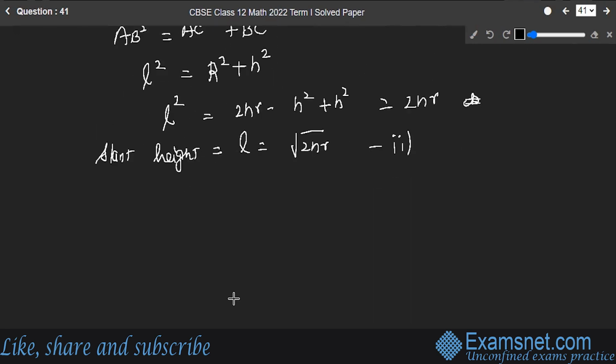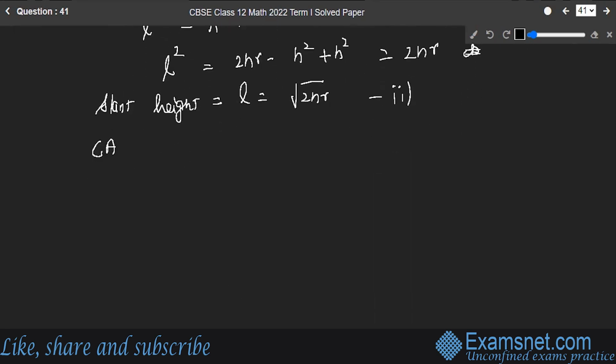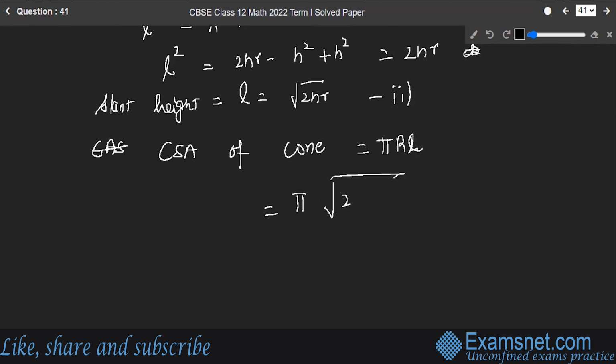Okay. Now let's go to the curved surface area of the cone, which is given by pi R L, right? So this is equal to pi into R, which was root of 2hr minus h square, and L was root of 2hr. Let's do the squaring of both sides.